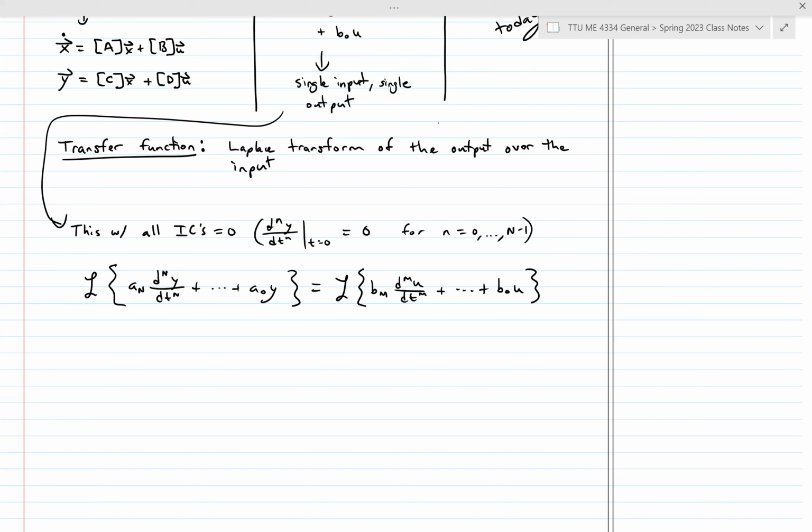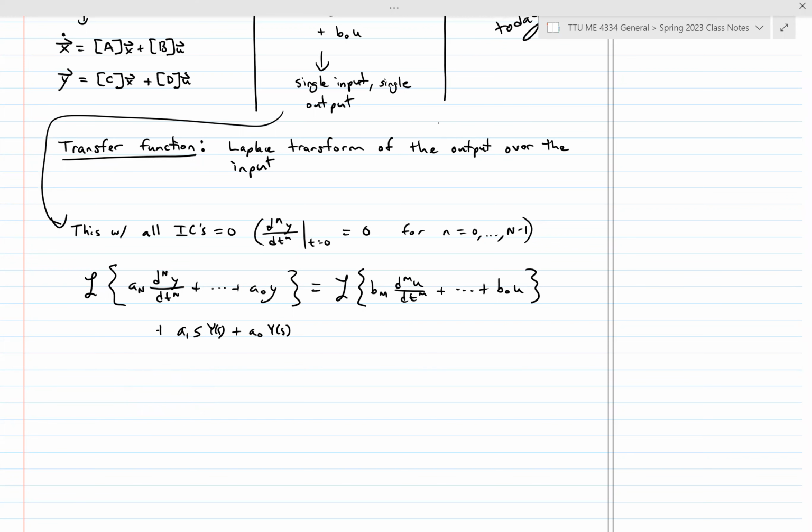How are we going to write that out in this case? Just a big Y of s. What about, let's go with the first order one. I didn't write it down here, but dy over dt times a1. What's the Laplace transform of that? How are we going to write that out? Well, a1 s Y of s.